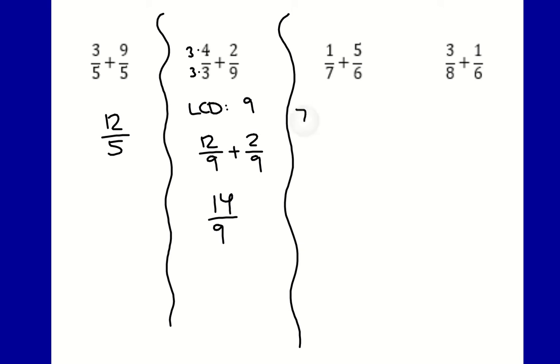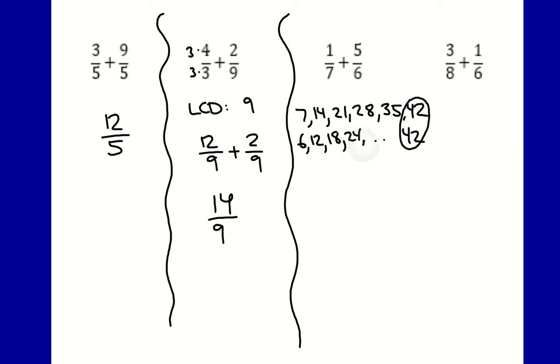You may have been taught that in middle school. 7, 14, 21, 28, etc. And then doing the same thing with 6, 12, 18, 24, etc. And eventually you'll get to 42. You're looking for the smallest one that they share. The goal would be that you would be able to come up with the fact that the least common denominator would be 42 in this case without needing to write the multiples.